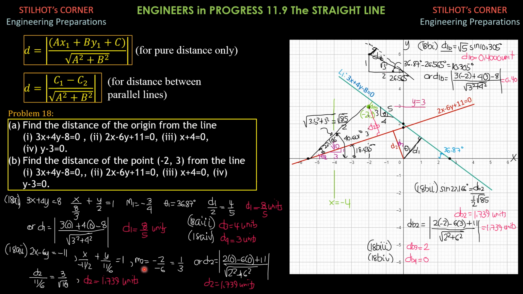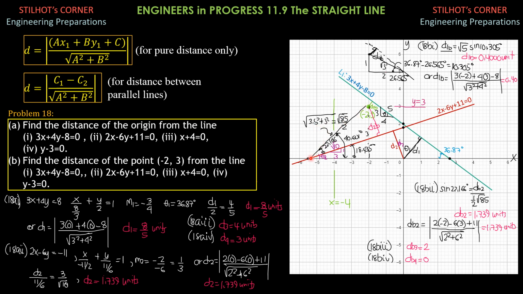The slope is negative coefficient of x, negative 2, over coefficient of y, negative 6, so 1/3. Inverse tangent of 1/3 is 18.435 degrees, which is this angle. Then, because we have this imaginary right triangle here, this is 3 units, and this is negative 2 minus negative 5.5, so 3.5.